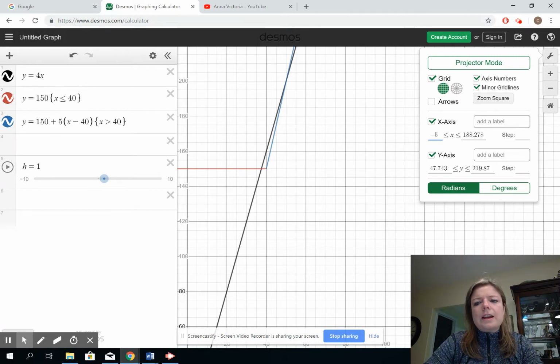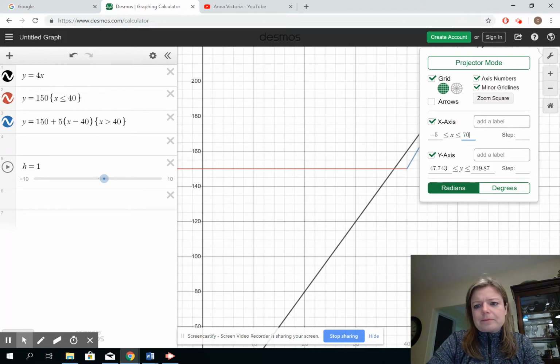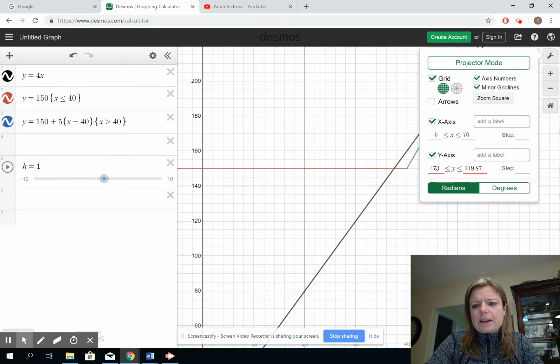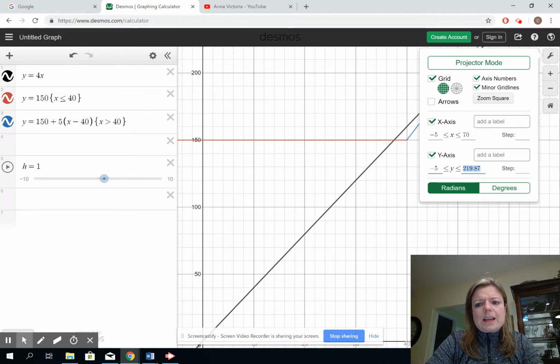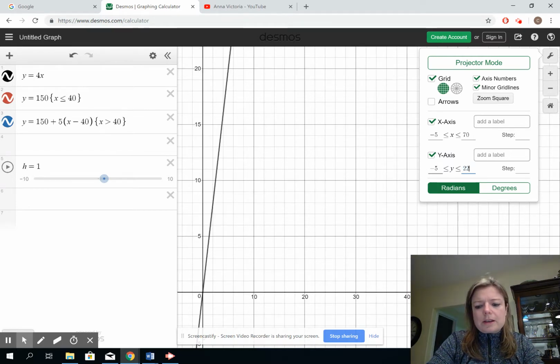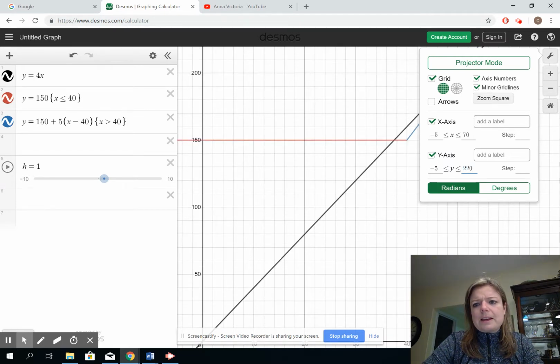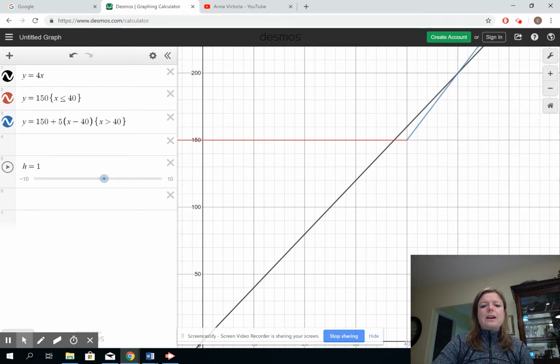I don't want to start right at 0. And I want it to go maybe up to 70. Now for my y-axis, I also want -5. And I know that I need to go past $200, so let's say $220. Okay. And then there, I have a nice view of what's going on.